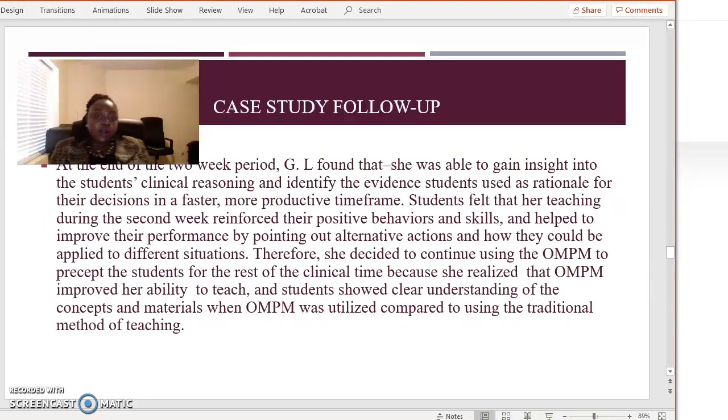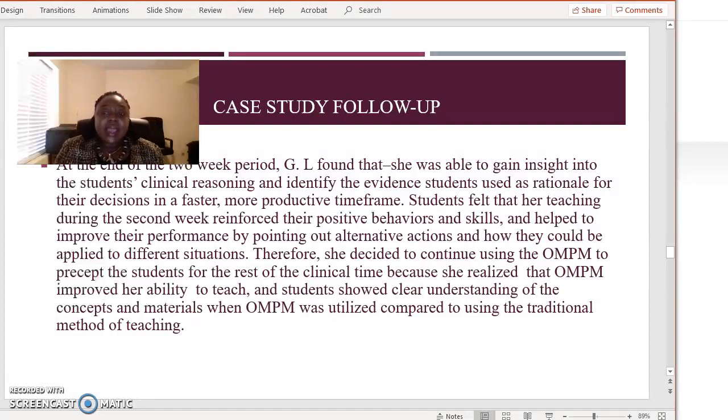So this is a follow-up of the case study. At the end of the 2 weeks period, GL found that she was able to gain insight into the students' clinical reasoning and identify the evidence students use as rationale for their decisions in a faster, more productive time frame.